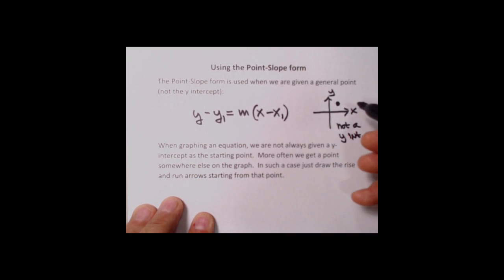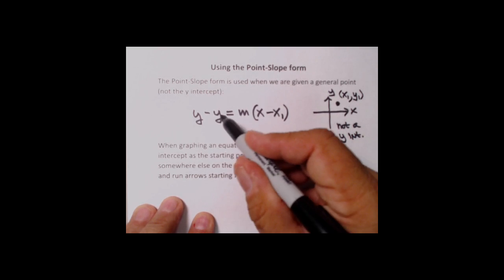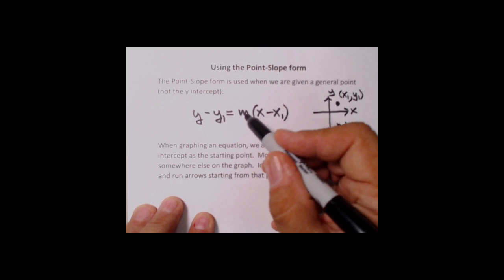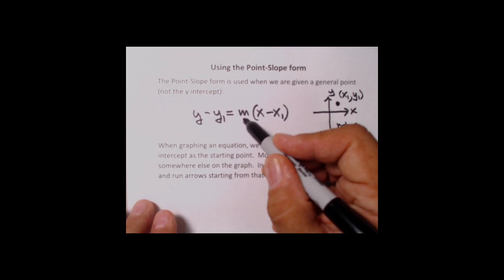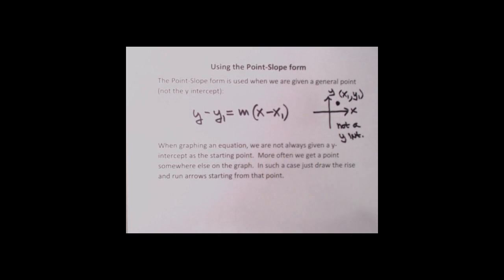The x1 and y1 are the coordinates of the given points. So, for instance, this guy here, we could have x1 and y1. Well, these would be the values we'd plug in for these, and m, of course, is the slope that we're used to.